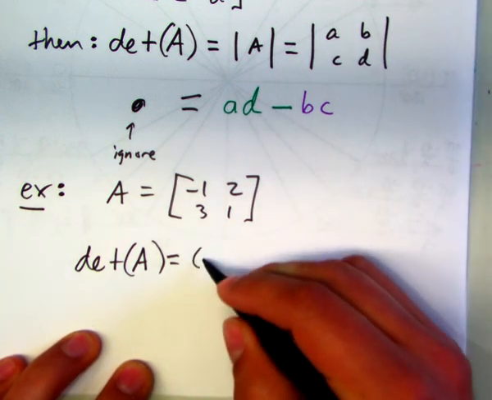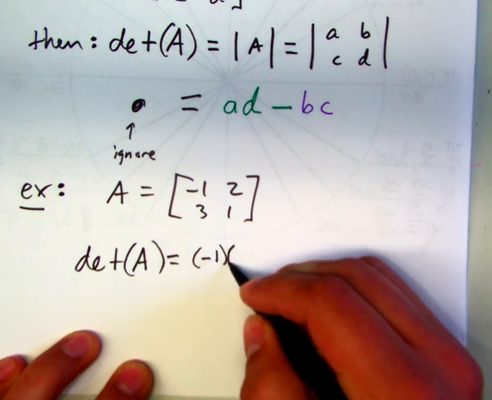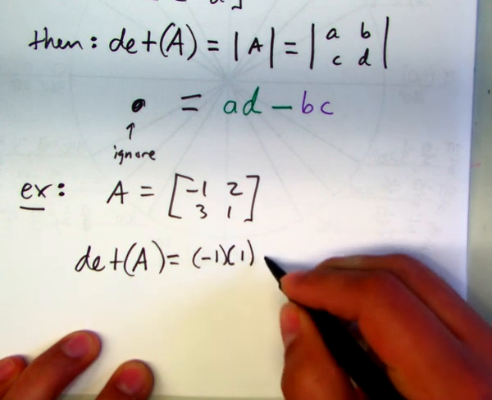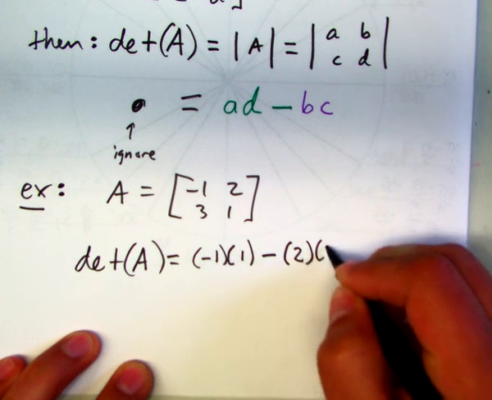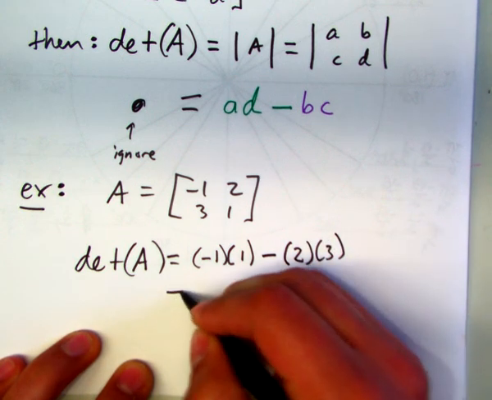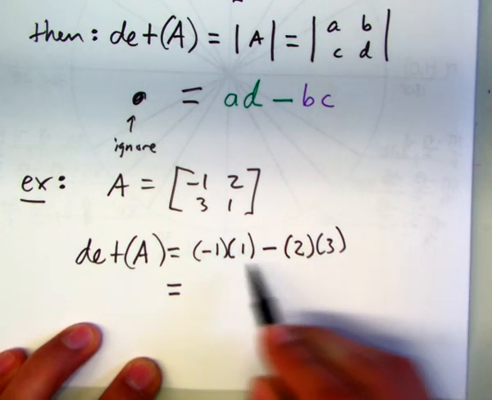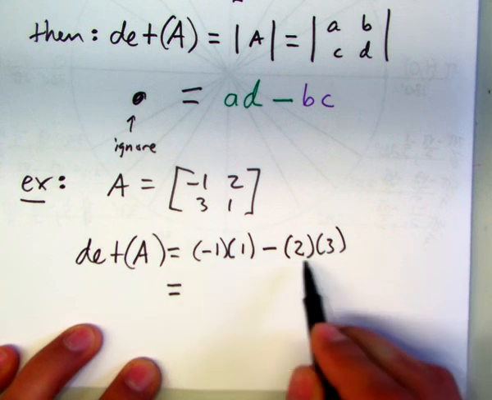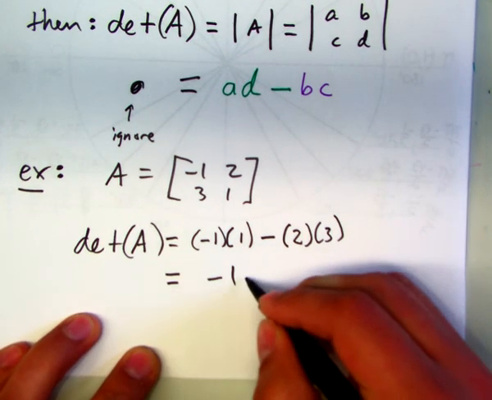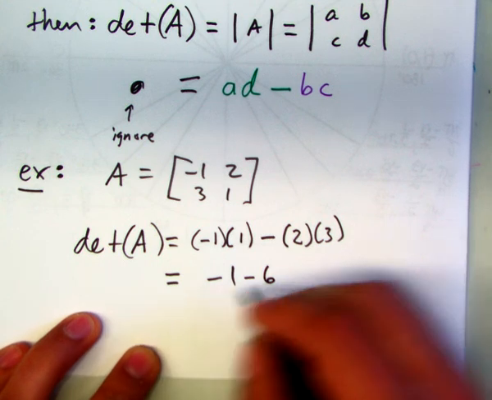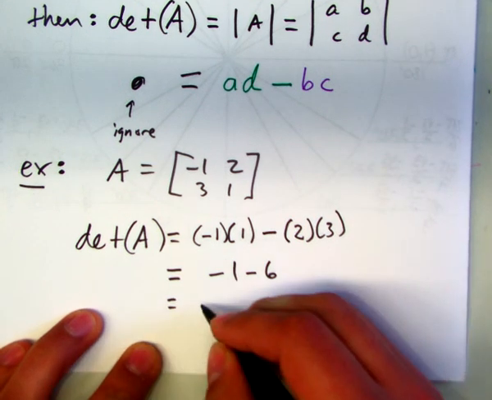So negative 1 times 1, and then what do I subtract? 2 times 3. It doesn't matter which is first, but this order here, like this needs to be there and this needs to be there, that matters. So we get negative 1 minus 6, which is equal to negative 7.